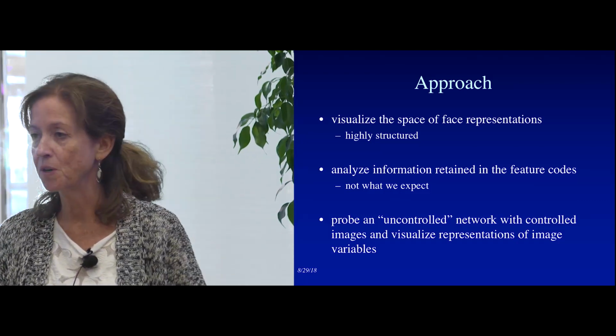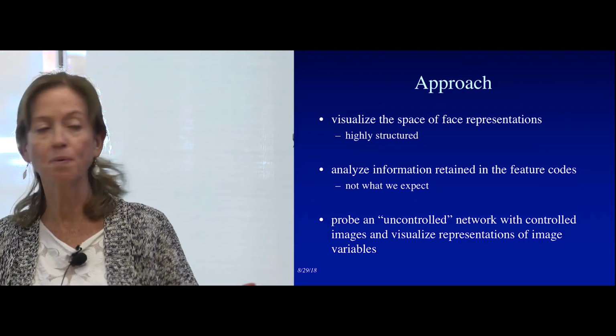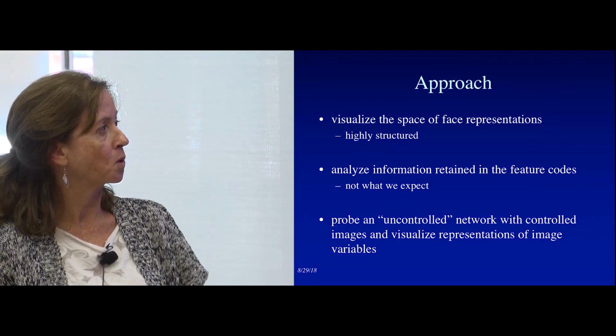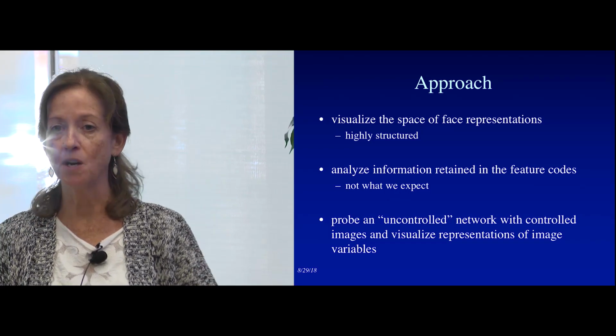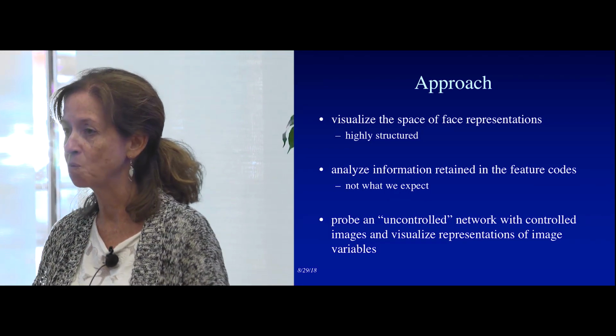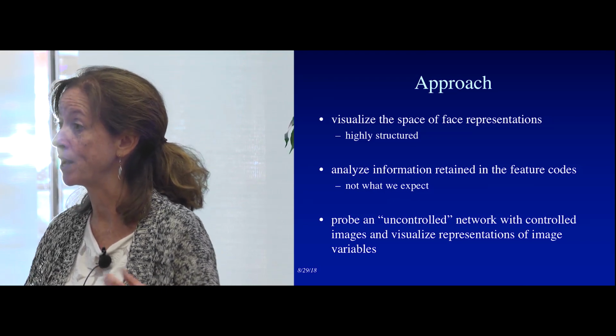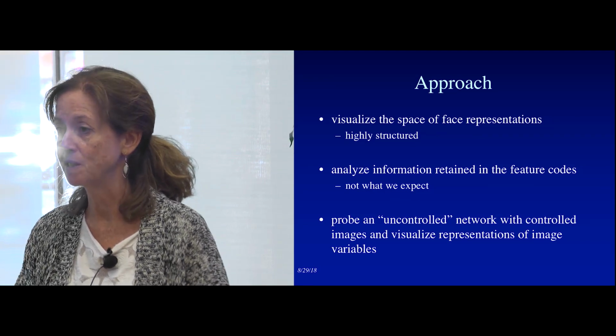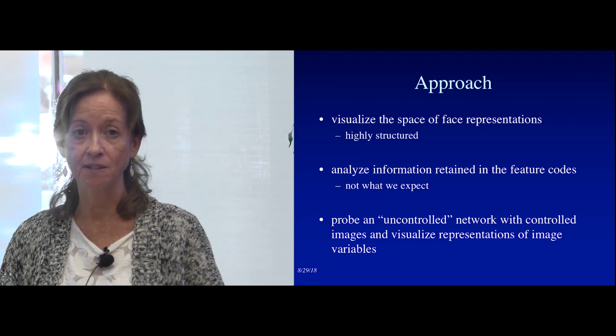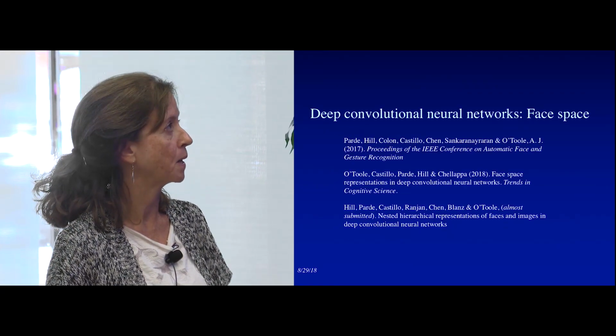And then the third approach will be to probe an uncontrolled network with controlled images. So given that you start with chaos, one way of dissecting out the chaos is to take something very controlled and see how something systematically varying is represented in the face space. So that'll be the third part.